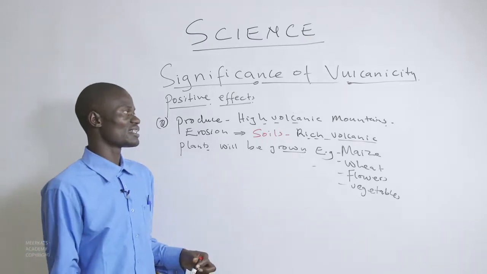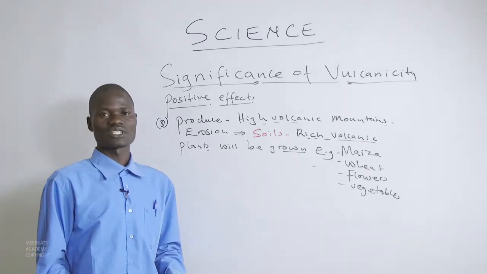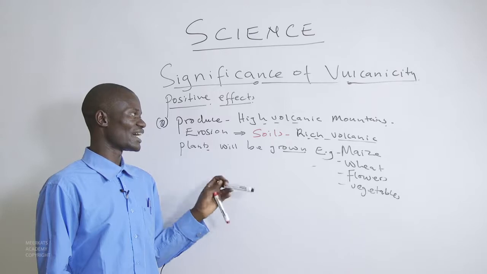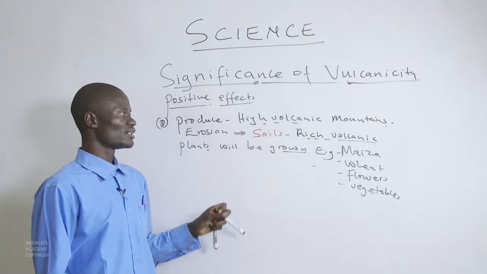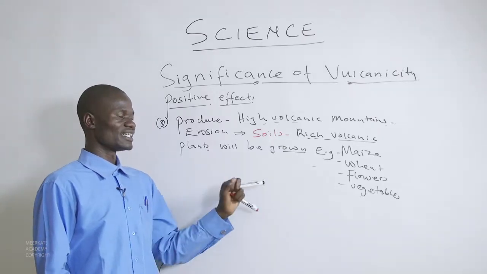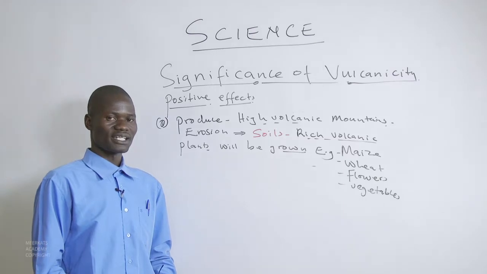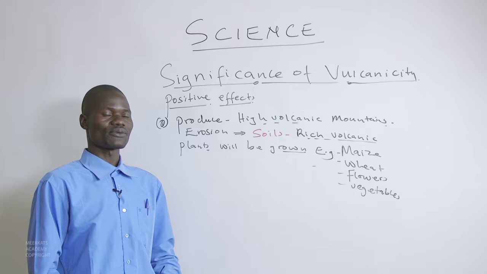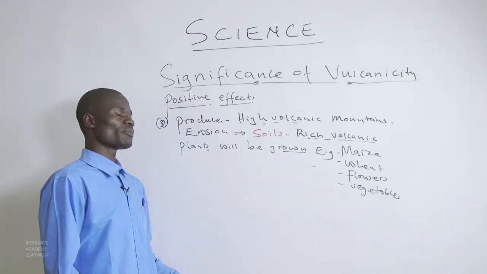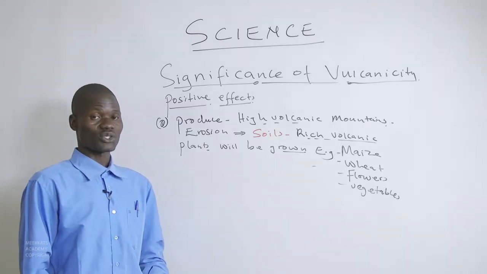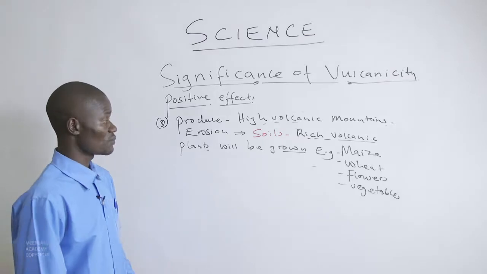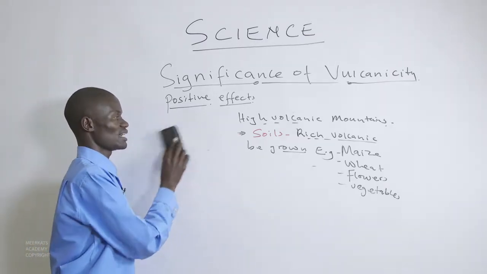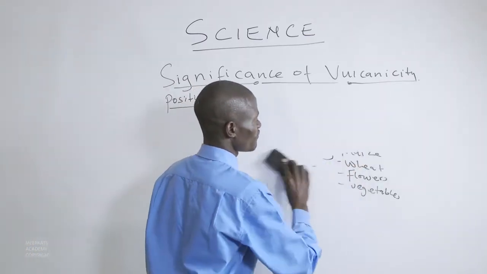As a result, it becomes a positive effect of volcanic mountains. Upon erosion, they lead to the formation of soil, and when the soil is rich, what we call rich volcanic soil, plants can be grown on that soil for human consumption. That is one of the positive effects.